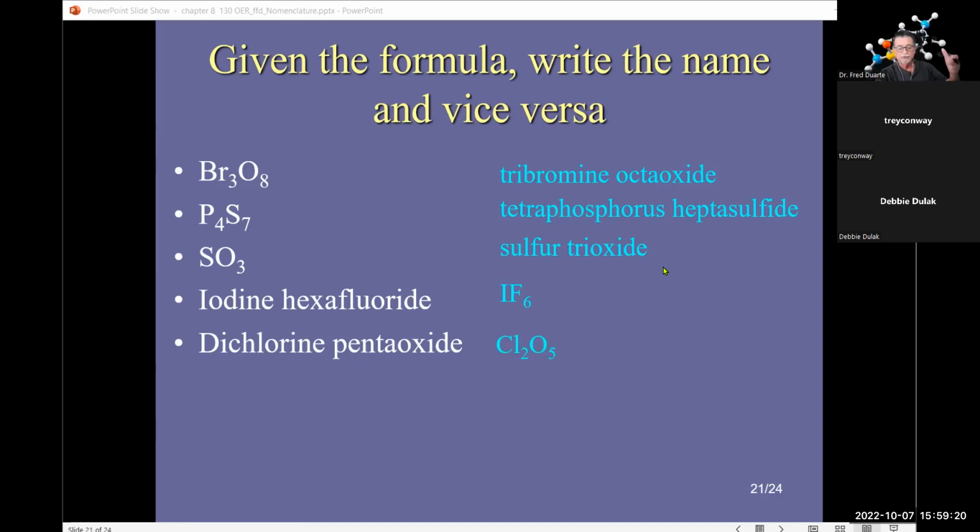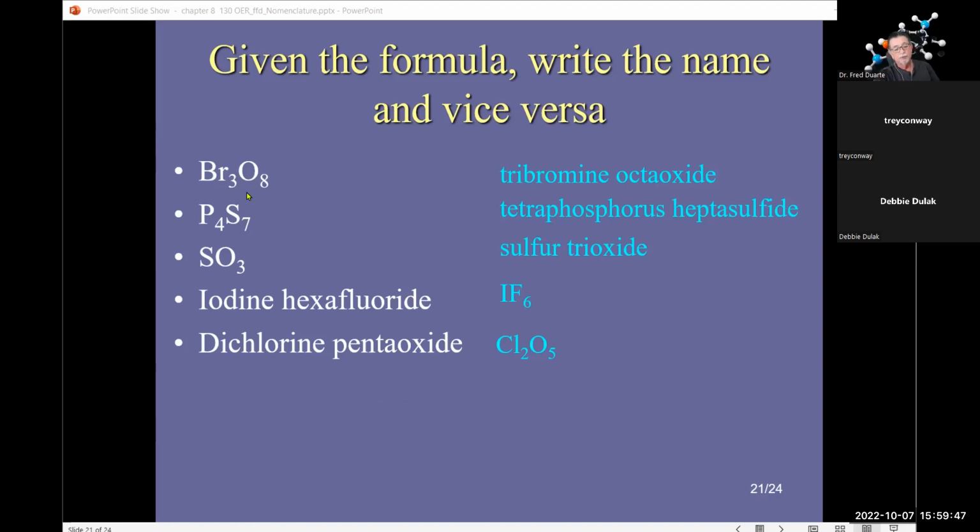So chlorine, there's 2 chlorines, pentoxide, meaning 5 oxygens, okay? As compared to, let's say, iodine, we could make that chloride, iodine hexachloride, okay? In that scenario, because the chloride comes after the central atom.